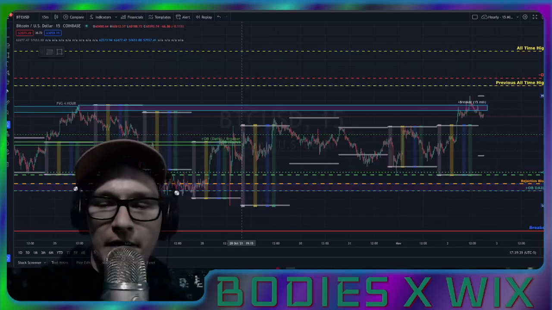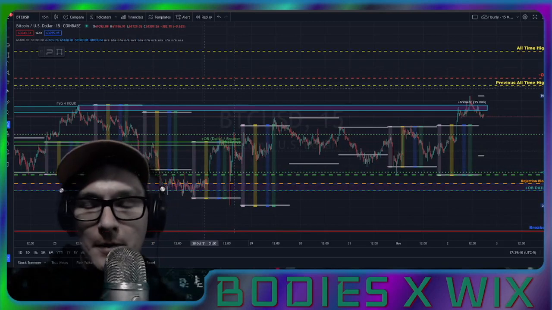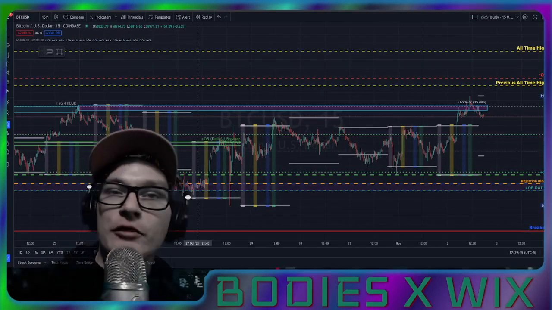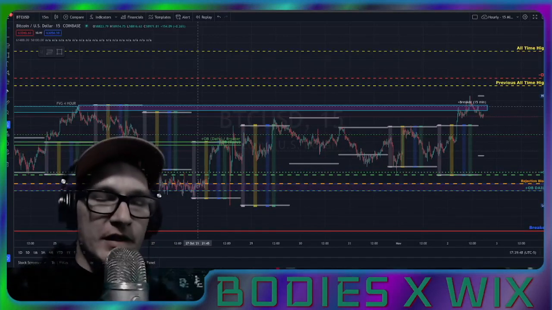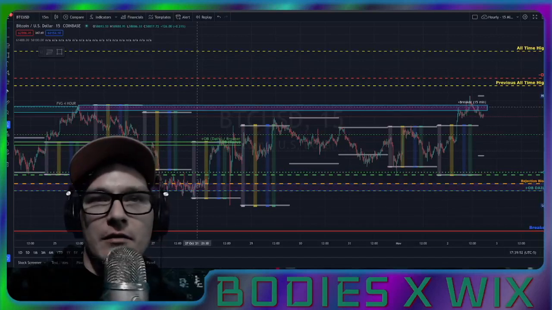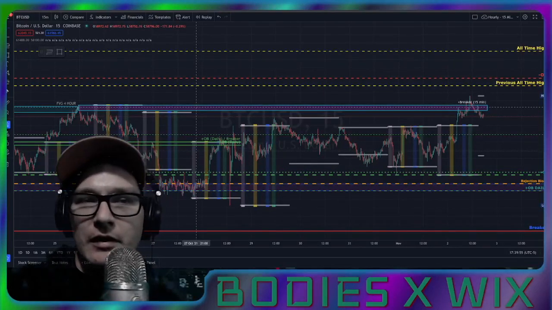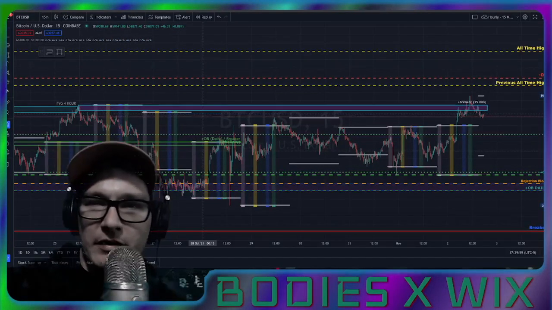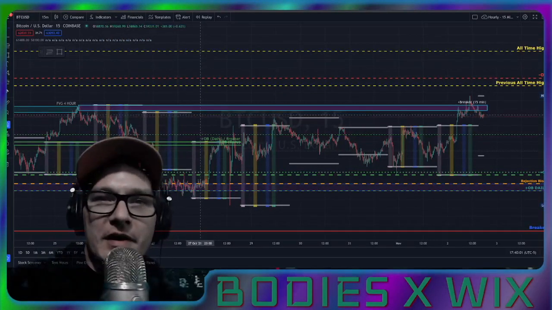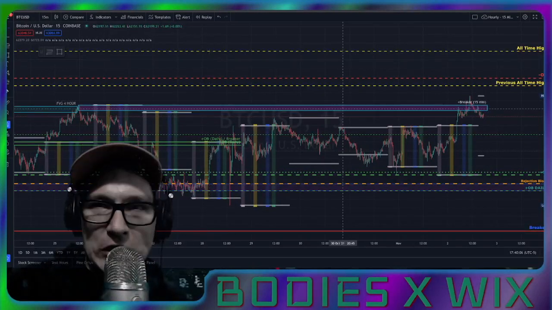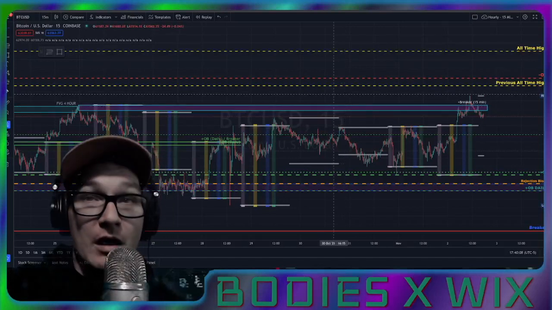So it could be at the perfect price to make some kind of great trade, but if it's not at the right time, it's not going to make that great trade. Like, you could have it at that perfect 62 or 61.8% retracement, but if it's not during a kill zone, it's not going to matter at all. Right.